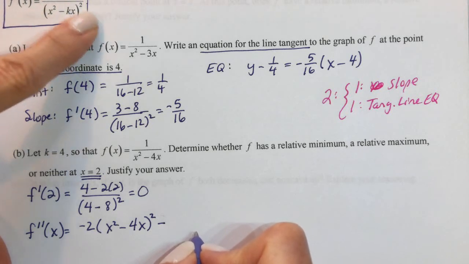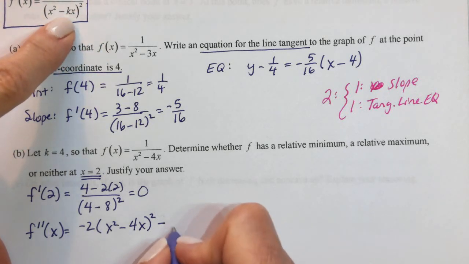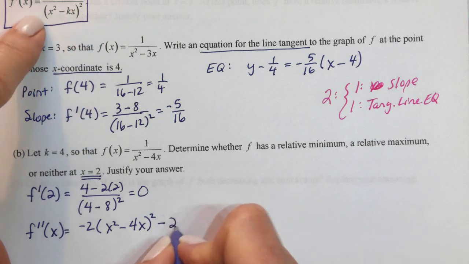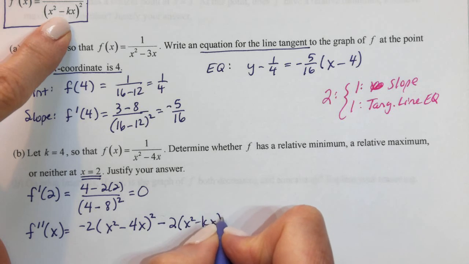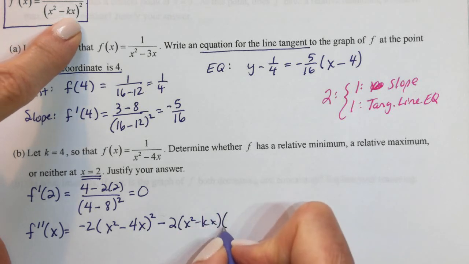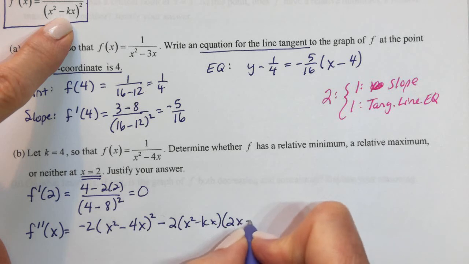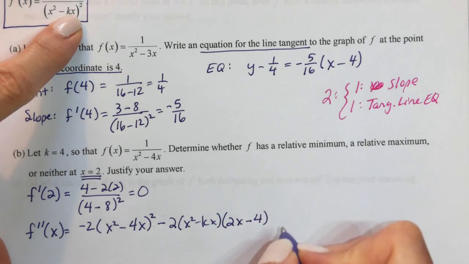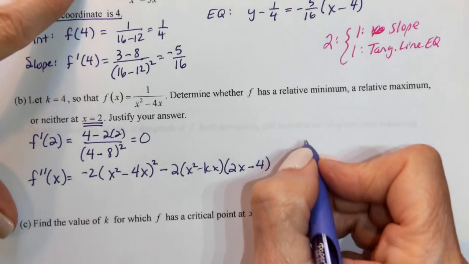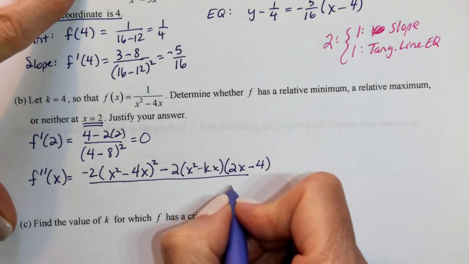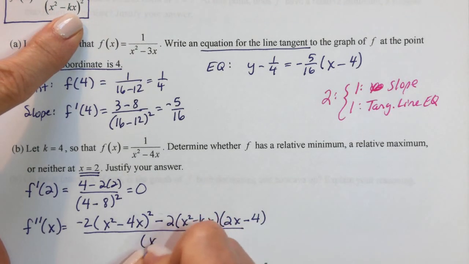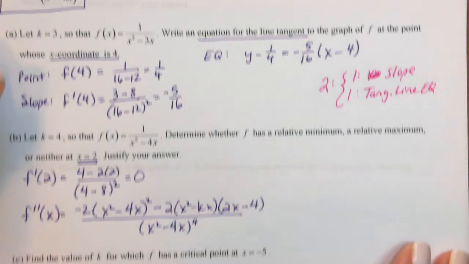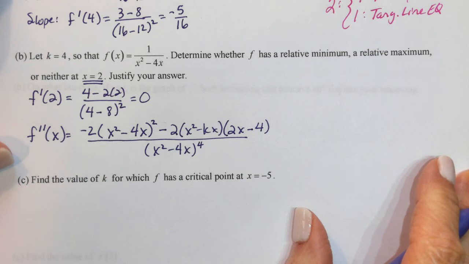Minus, now the derivative of the bottom, a little chain rule here, 2 times the inside, decrease the power by 1, times the derivative of the inside, 2x minus 4, since k is 4, all divided by the denominator squared. So we'll have x squared minus 4x to the 4th power. So that is the second derivative at x.